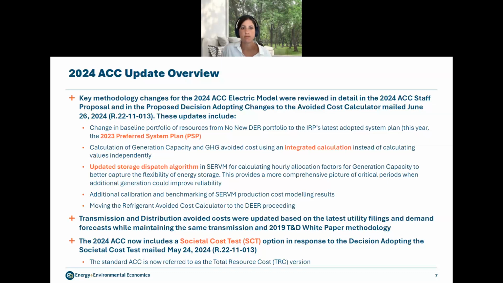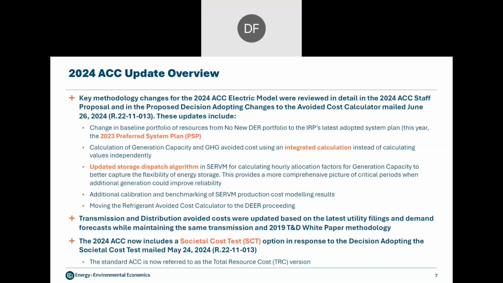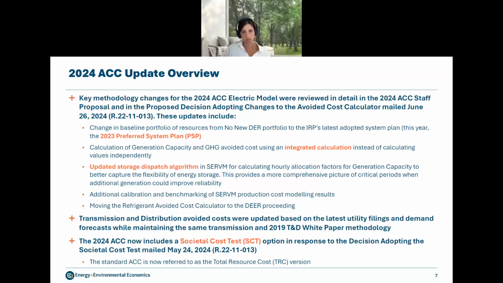Damon from Tesla. I actually have two questions. Maybe I'll pose the first one and then the second one. The first one is that the 2024 ACC produces some pretty dramatically different numbers and dispatch signals from the 2022 ACC. Seems like a lot of it is driven by the integrated calculation of capacity and GHG.